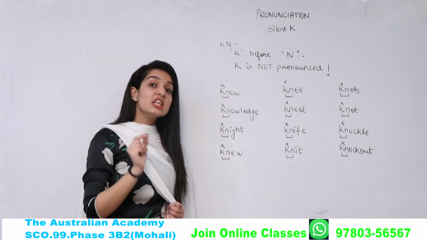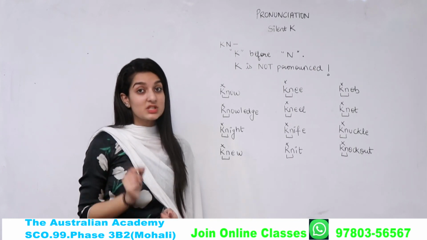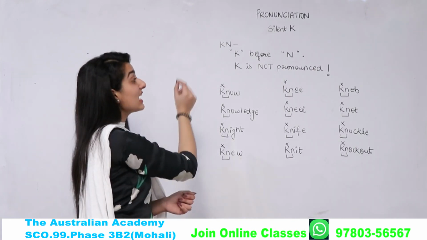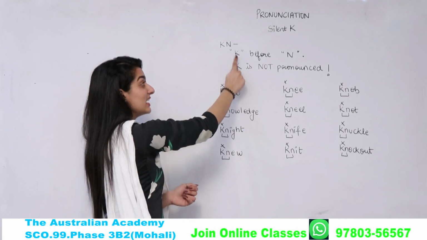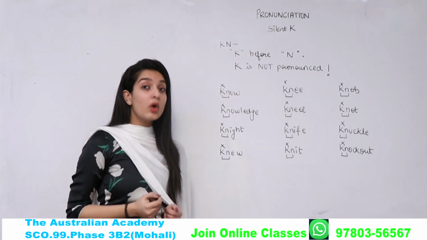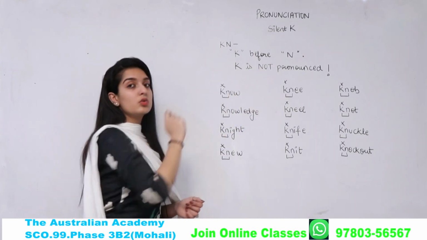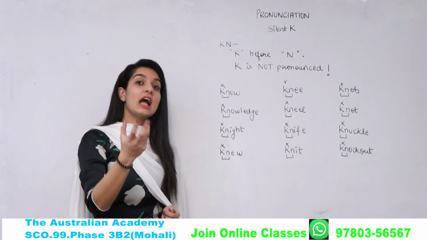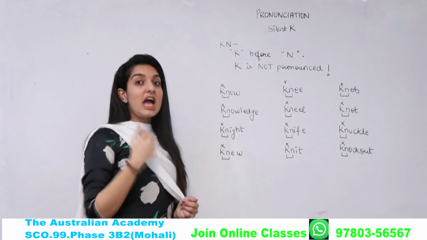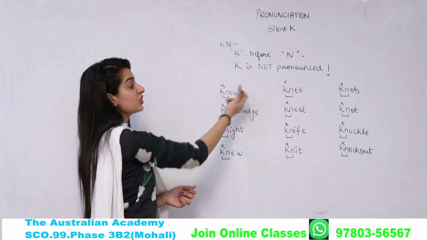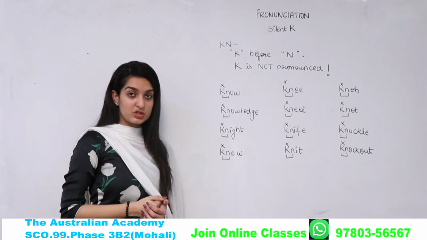If you have any word in the English language which starts with the alphabets KN, where the K is written and comes before N, in all those cases, K is not going to be pronounced. So we basically have to skip the pronunciation of K and just continue with the pronunciation of the next alphabet that is written.